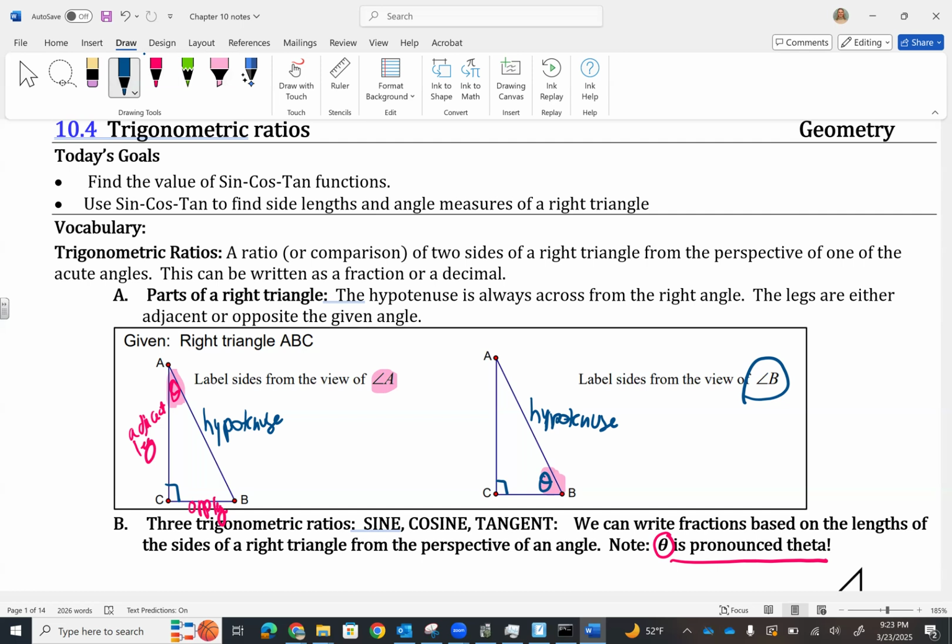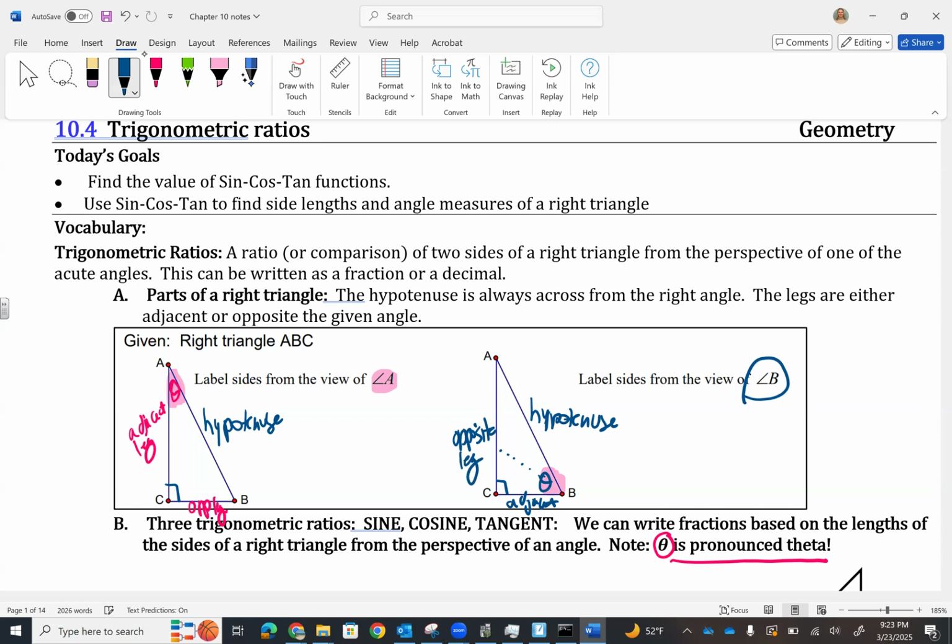Well, CB would be the adjacent leg. Why would you call it the adjacent leg? Because it's one of the sides that makes that angle. The two sides that form the angle are the adjacent leg and the hypotenuse. The leg that would be across from it, not touching, would be the opposite leg.